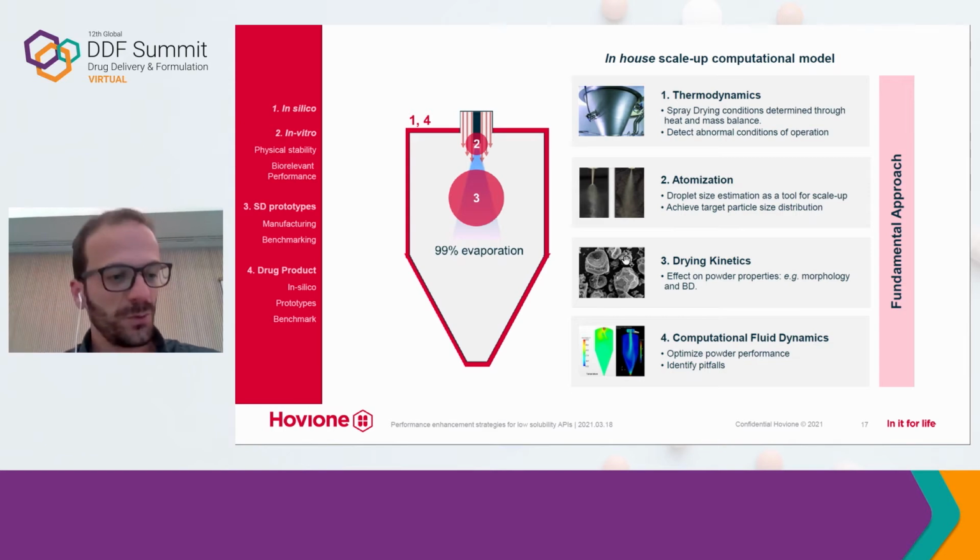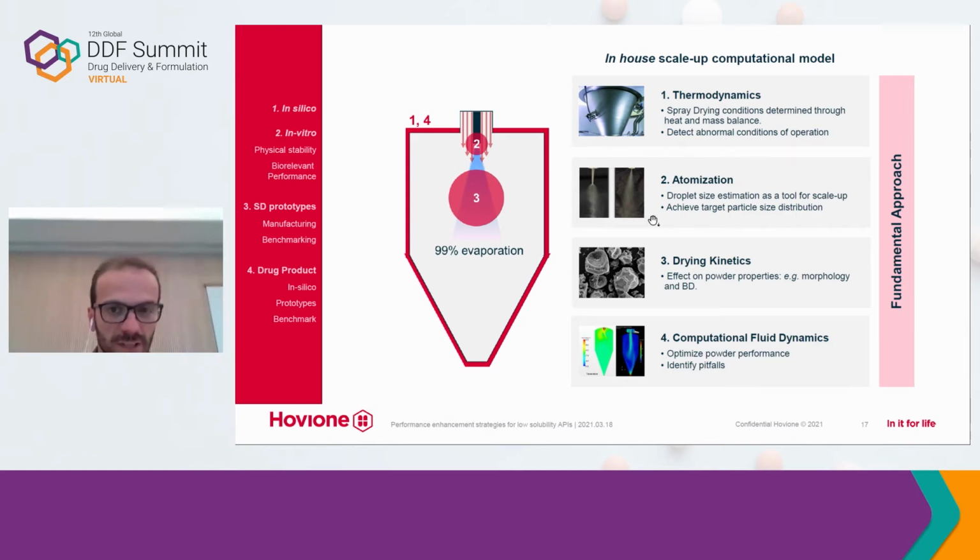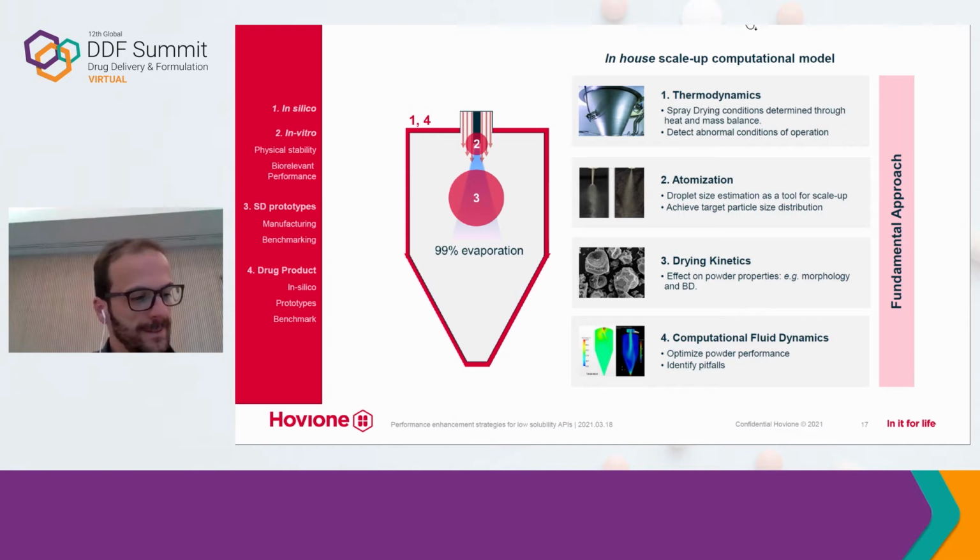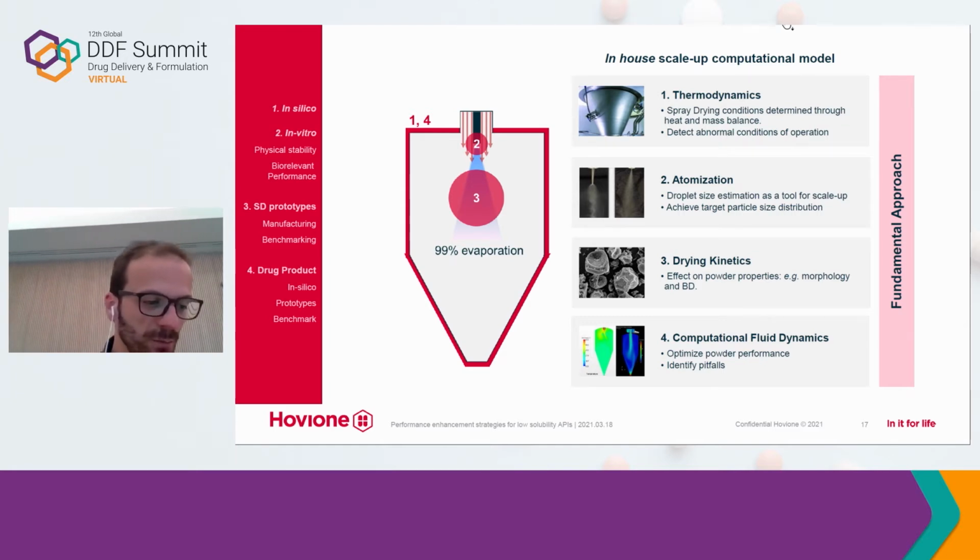So our approach to spray drying development relies on 3 main dimensions. The first one is a thermodynamic model of the spray drying operation based on a heat and mass balance. This enables the manufacturing space of the spray drying to be defined solely based on the spray dryer characteristics and the feed solution without any trials at scale.